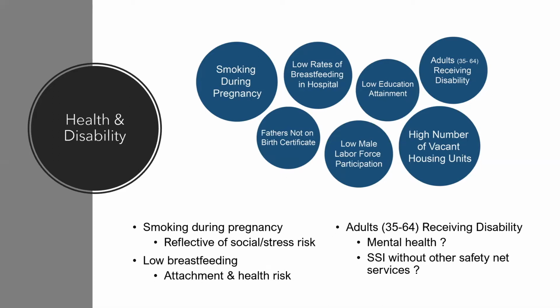Only 3.5% of the adult population in Texas qualify for disability through SSI. But within that group, about a third of adults who receive disability services in the state of Texas are receiving them for a qualified mental health disorder.